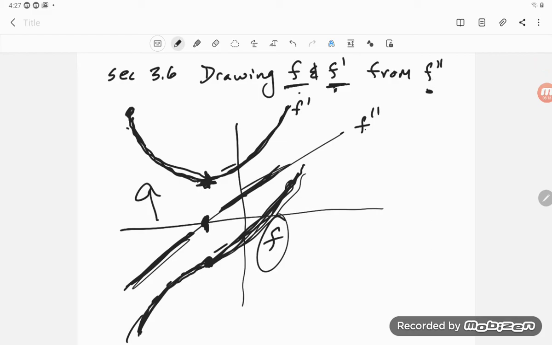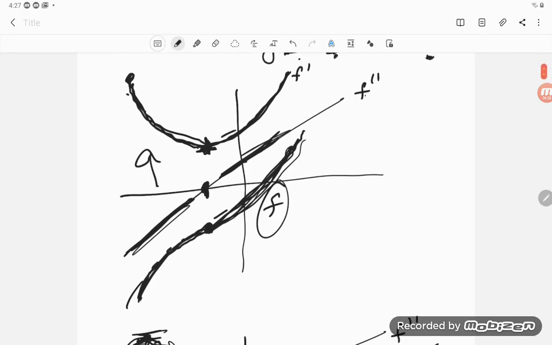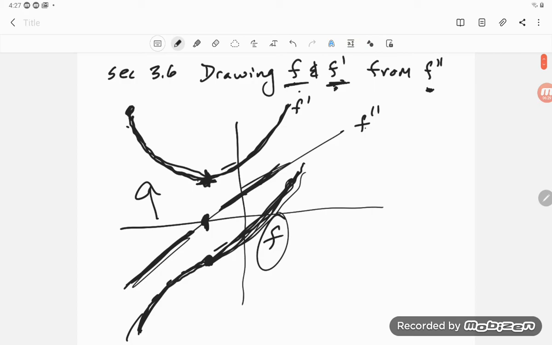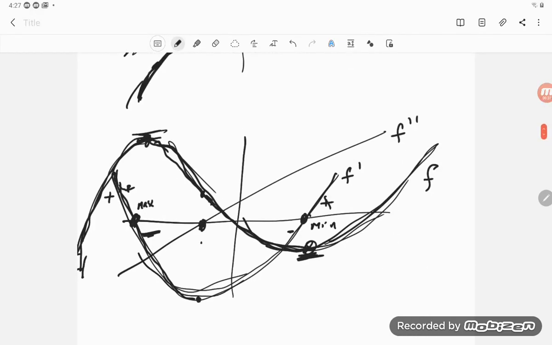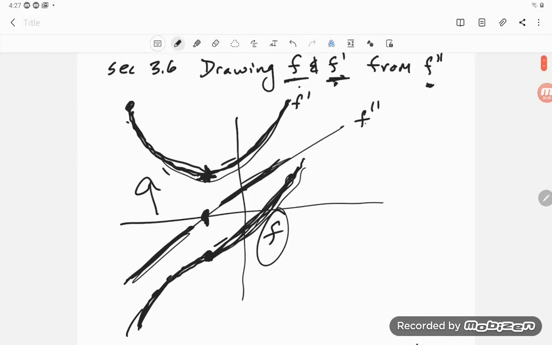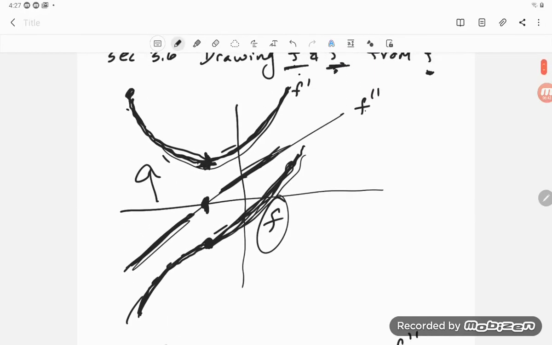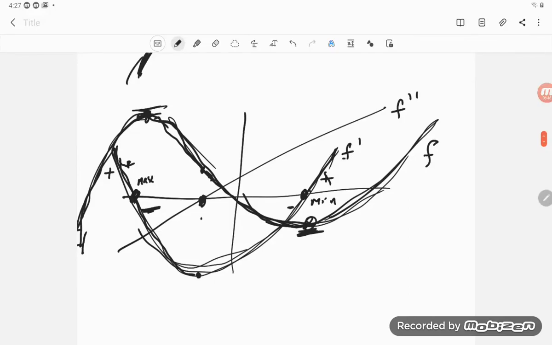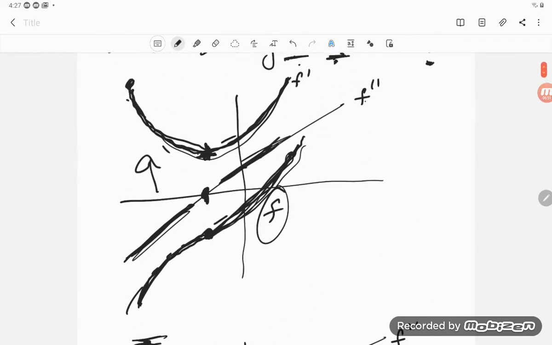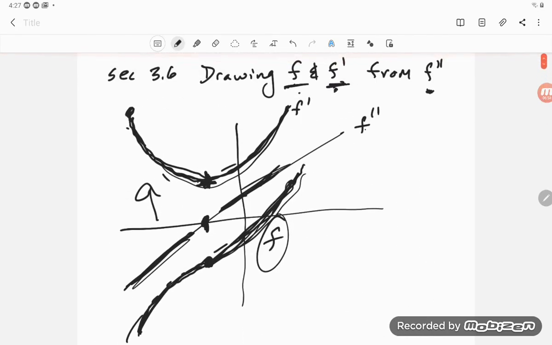And so when you have these two functions that are beyond f double prime like that, so you start with a derivative and you go up one derivative, but then you go up another derivative, you can get some very different answers in some sense. So the first derivative part, the f prime, well, I drew it lower this time, but it was pretty much the same shape. But because I drew f prime a little differently, I would say that f was a different shape in the second example than the first example.